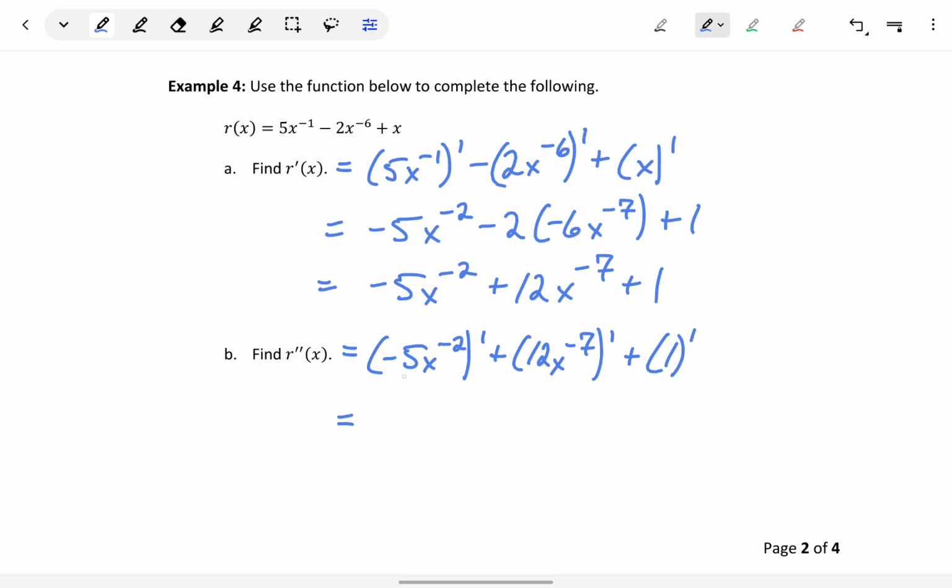And that will give us negative 5 times negative 2 will be positive 10x to the negative third. Negative 7 times 12 will give us minus 84x to the negative eighth. And then we don't need to write it out, but just to put in a placeholder to show us the derivative of 1 goes to 0.